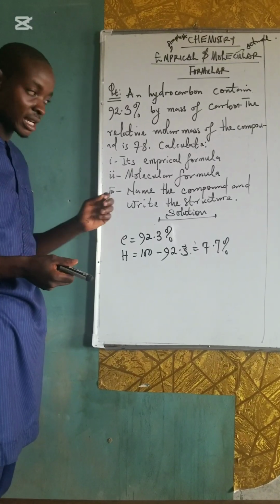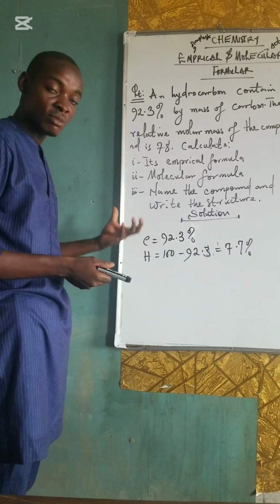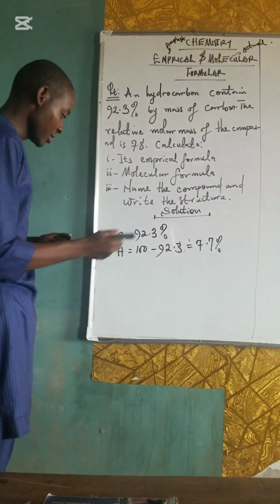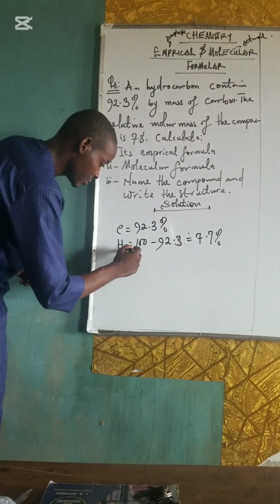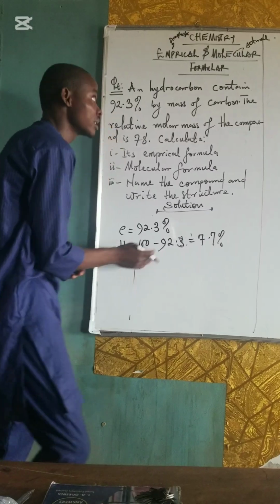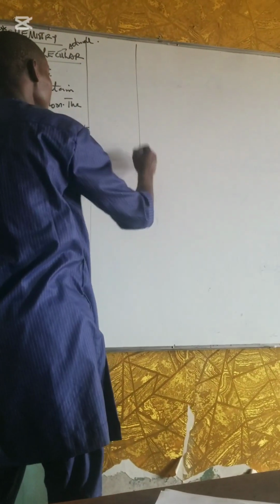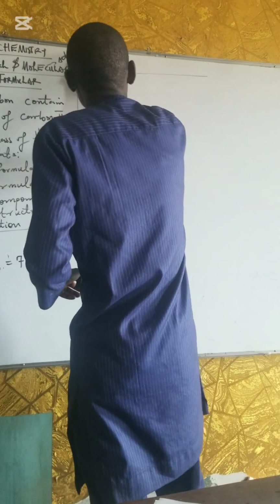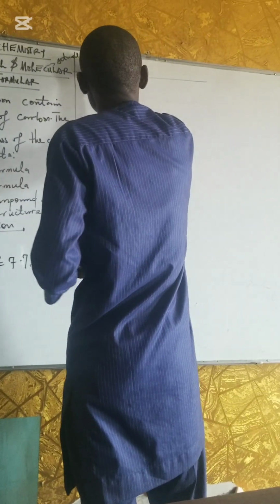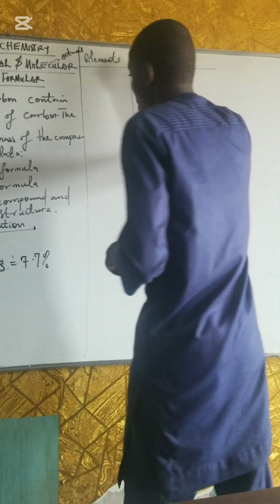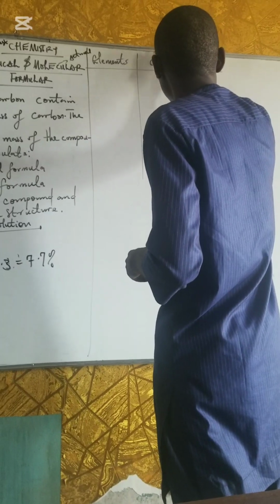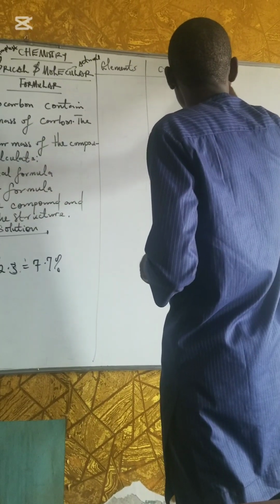So the steps taken, I'm going to be showing you as I'm working out the question. Number one thing, you need to draw this kind of table. Okay, let me draw it there. This table. The first thing is the elements that make up the compound. And what are the elements? Carbon. Then the hydrogen.